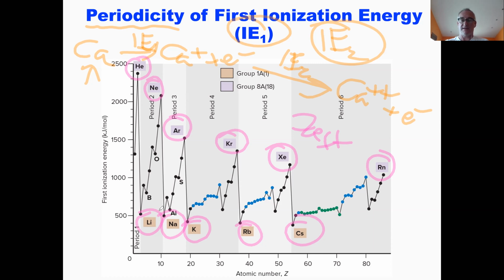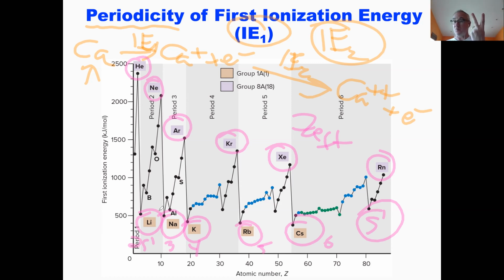They all have an s1 as their outermost electron, either 2s1 or 3s1 or 4s1 or 5s1 or 6s1. That's their outermost electron. They only have one outermost electron. The rest are all core electrons, and they're really, really far away.